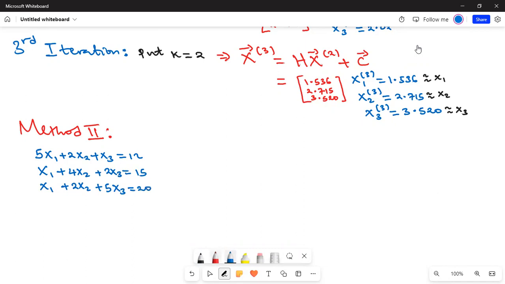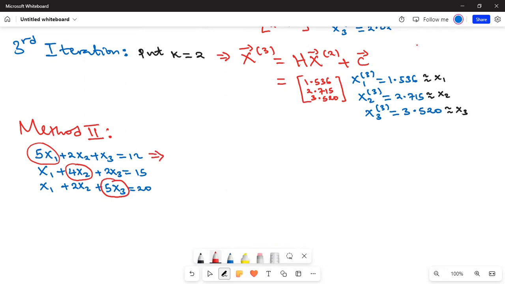So what you do here is look at the leading coefficient in the first equation, the first term. In the second equation, you make x2 the subject. In the third equation, you make x3 the subject. The rest I'm going to take to the right-hand side.